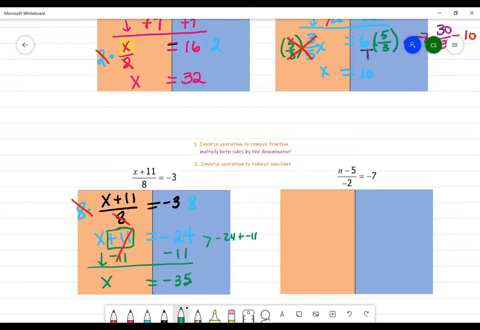All right, n minus 5 is equal to negative 7 over negative 2. Remember, I'm trying to isolate n. But n minus 5, that entire thing is being divided by a negative 2. So let's get rid of the denominator and multiply both sides by that negative 2.